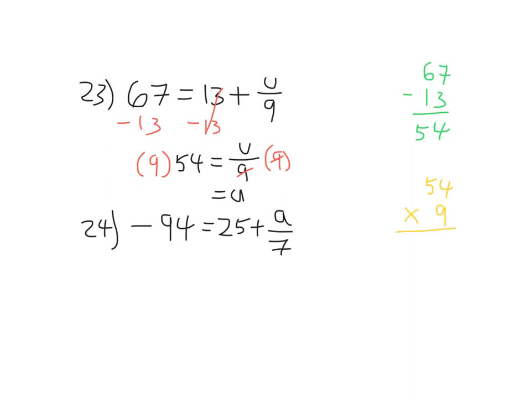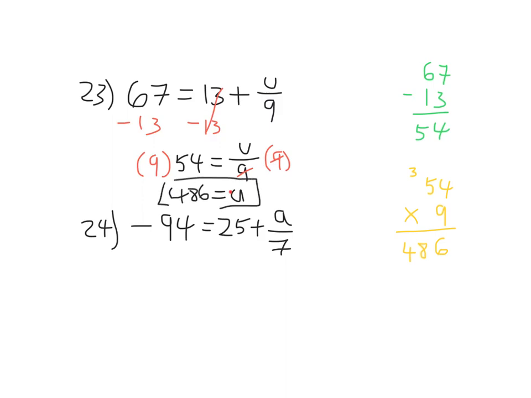Well, 4 times 9 is 36, so the units digit of 6 goes there, carry the 3. And then we end up with 5 times 9, which is 45, plus 3, which is 48, so that's going to be 486. So 486 goes right here.